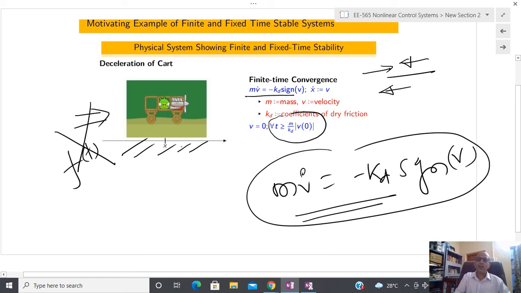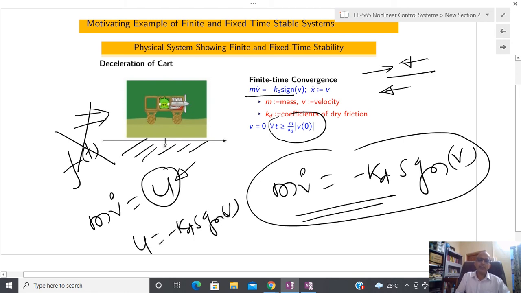So I can tell that within finite time, if I have no force, this cart is going to stop. Now you can take this system m v dot equal to u. Suppose this is my control action, and if I design a virtual control like this, k_d sign(v), you can see that a similar kind of behavior comes into the picture because the autonomous system remains the same.